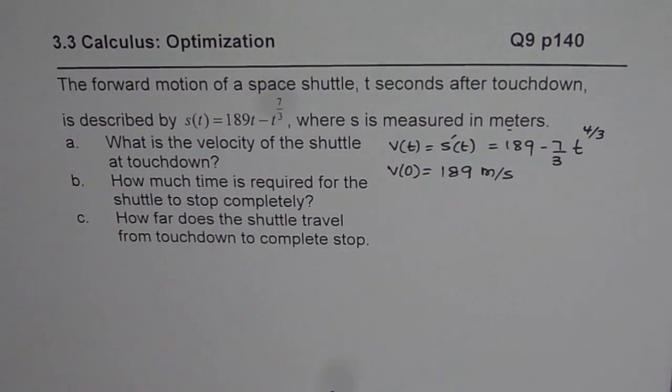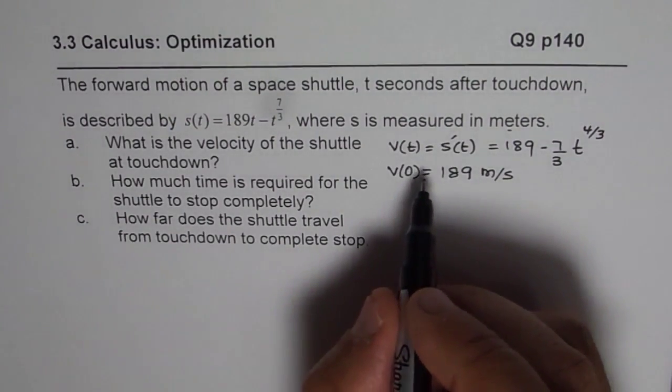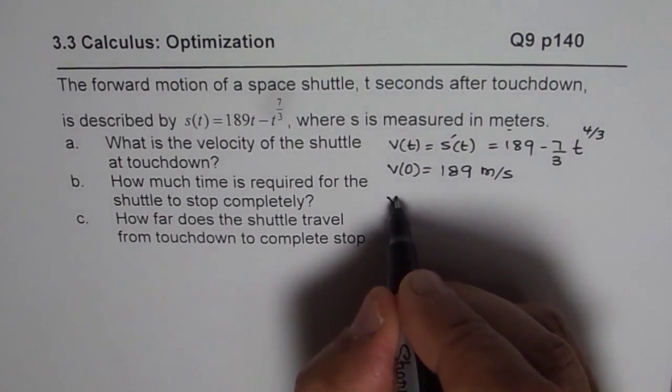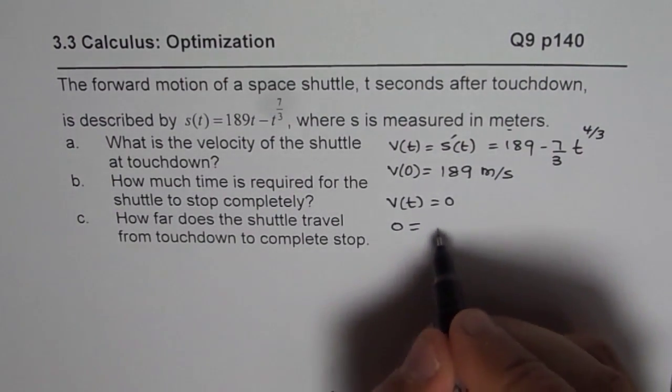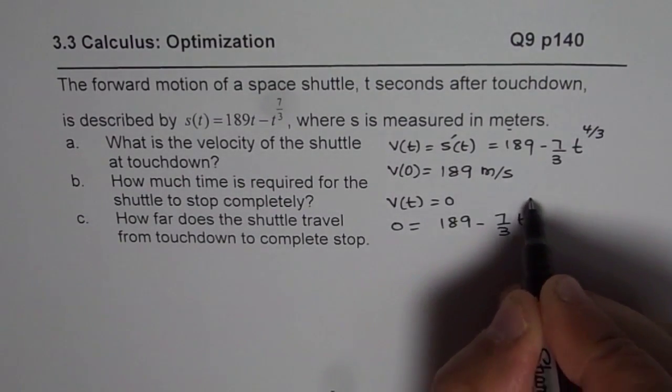Now part B is how much time is required for the shuttle to stop completely. To find this time, we have to equate the velocity expression to 0. So at that time v of t equals 0, right? That means 0 equals 189 minus 7 over 3 t to the power of 4 over 3.